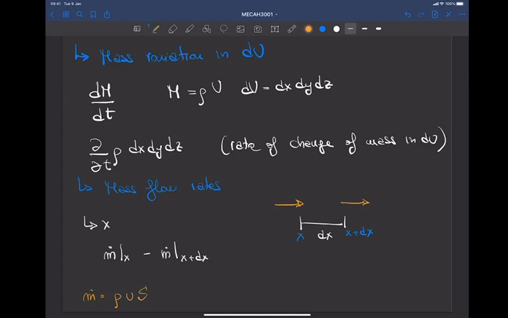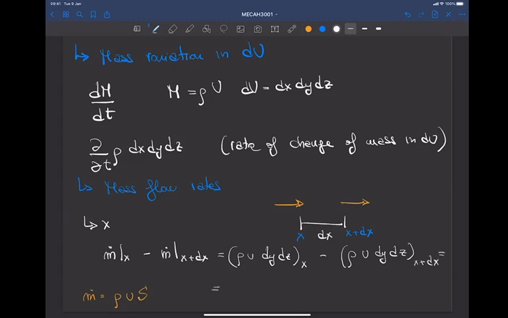Okay, so how do we express then these two terms? Well, let's continue developing this. So we have rho times u times dy dz, all evaluated at x, minus the same quantity rho u dy dz evaluated at x plus dx.